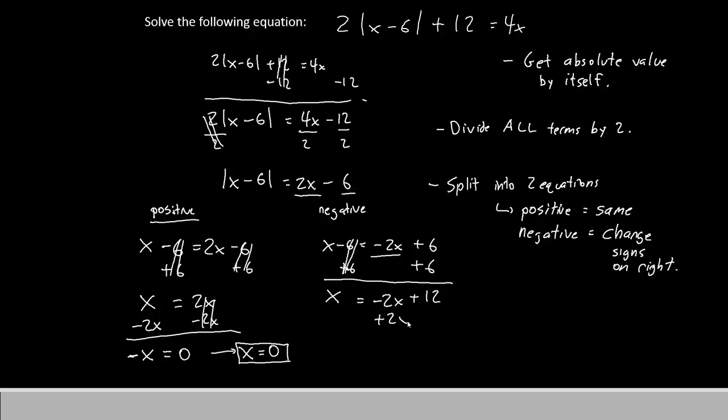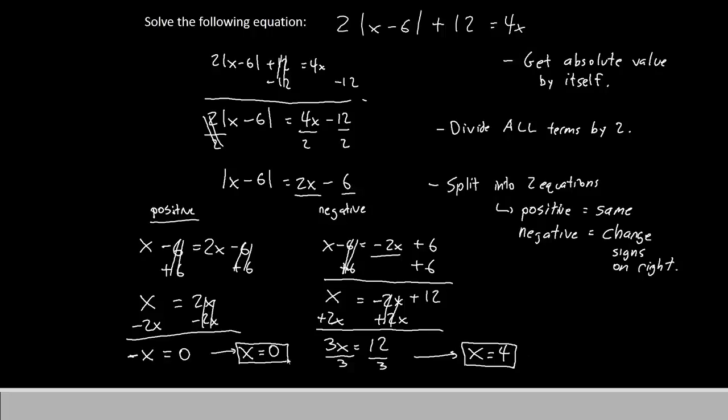Now we'll add 2x to both sides. x plus 2x makes 3x. The negative 2x and the plus 2x cancel out, and we'll have 12 on this side. 3x equals 12. If we divide both sides by 3, we'll end up with x equals 4 as our second answer.